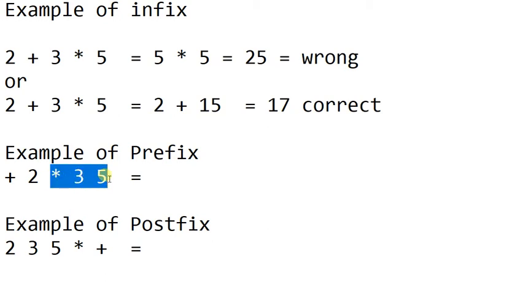So that would be plus 2, and the answer of these 3 objects would be 15. Now again we have 2 operands, 2 and 15, and the operator that precedes these 2 operands will be applied on them, and the answer would be 17. So there was no confusion at all.